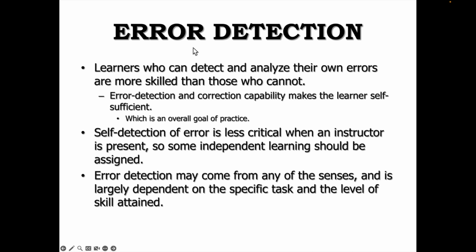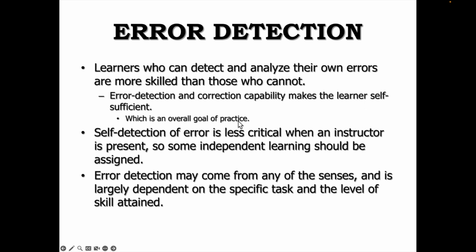Error detection is a very important part of the learning process. Learners who can detect and analyze their own errors are typically more skilled than those who cannot. One reason skilled performers are more successful is that their error detection and correction capabilities make them more self-sufficient.